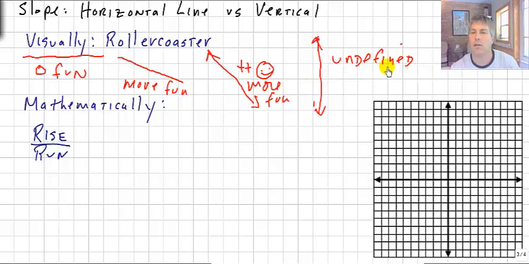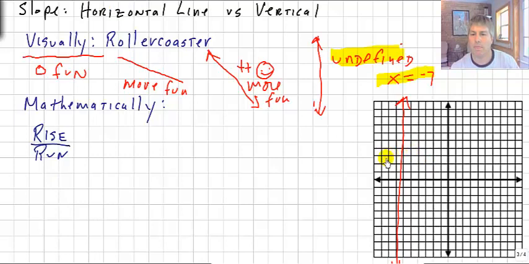So if we have a line that's perfectly vertical like that, say that might be x equals negative 7, that particular line is an undefined amount of fun. That is an undefined slope.